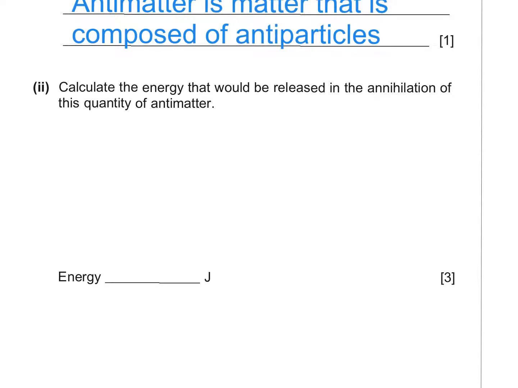So let's say we had a little chunk of antimatter here, and we had a little chunk of matter, and we're going to throw those at each other and cause them to annihilate.